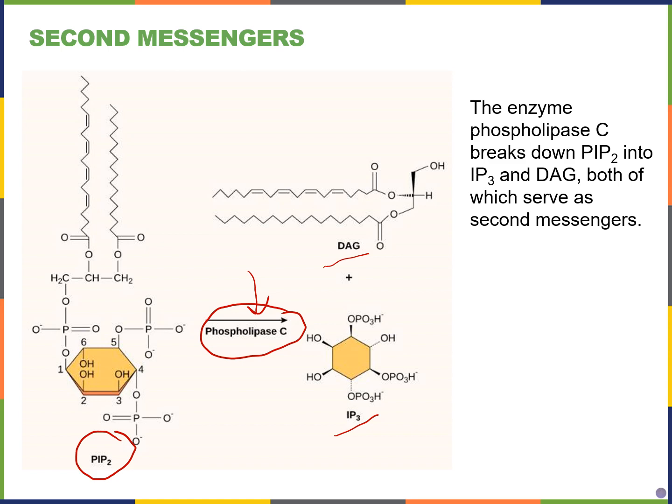And you don't have to know this, but PIP2 stands for phosphatidyl inositol bisphosphate. So don't worry about that. PIP2 from the membrane is broken down by phospholipase C, producing these two second messengers. And again, they usually have some kind of effect, such as activating downstream kinases, phosphorylating things inside the cell, and turning on or off other proteins inside of the cell.